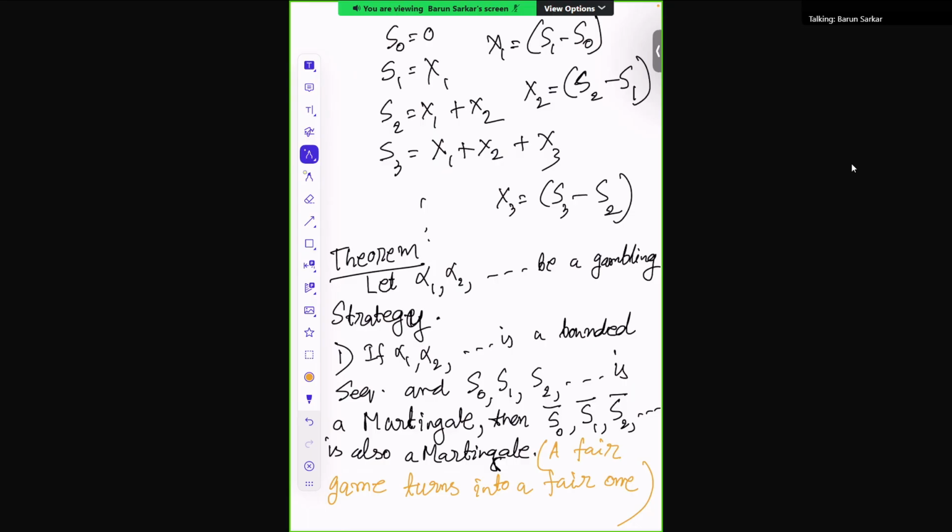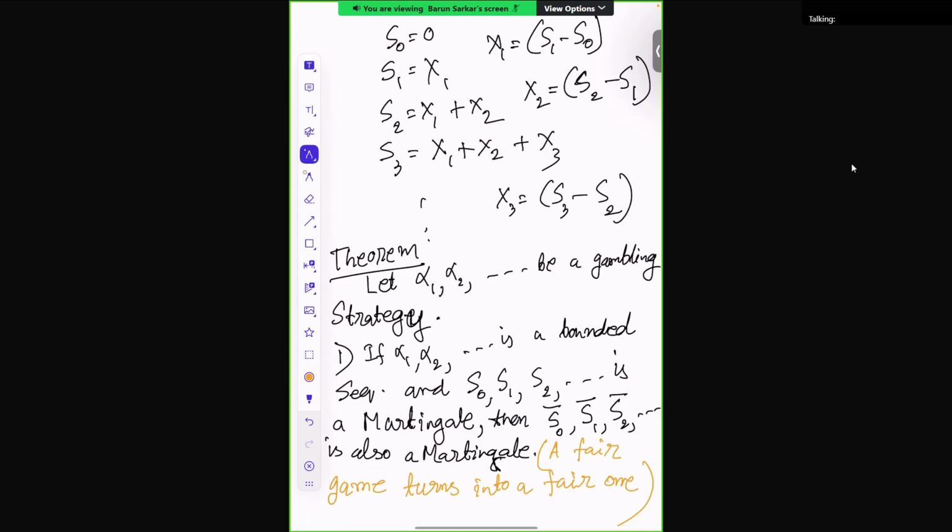So if you have a fair game, whatever gambling strategy you use, it will turn into a fair game. You cannot just change the outcome.